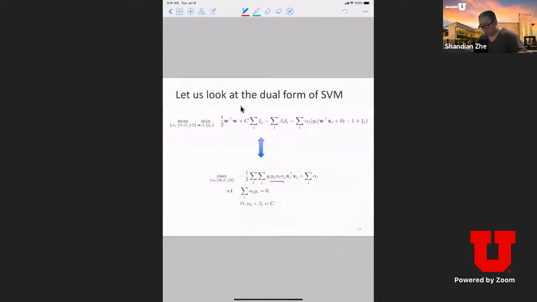As to why, let me just briefly show that because it's really mechanical. You know W here is a summation over alpha i, yi, xi, right? So W transpose W will be a double summation, over i and over j, alpha i, alpha j, yi, yj, xi transpose xj.